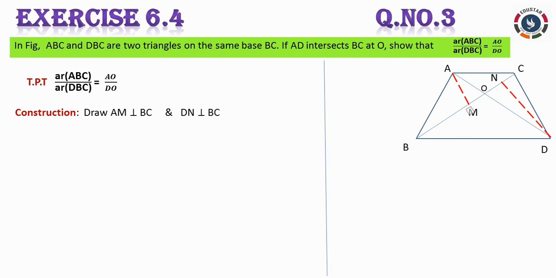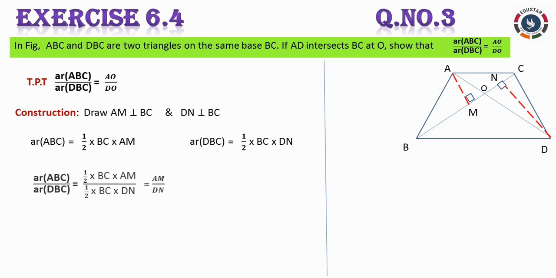Half into BC into AM, and next, half into BC into DN. So we found the areas and we are going to compare them to find the ratio. After cancelling half and half, BC and BC, we will get the ratio AM by DN.